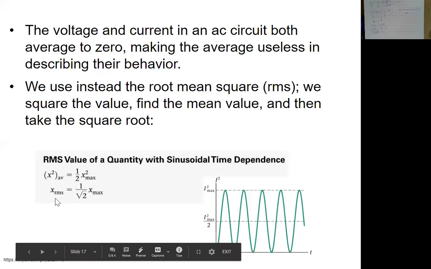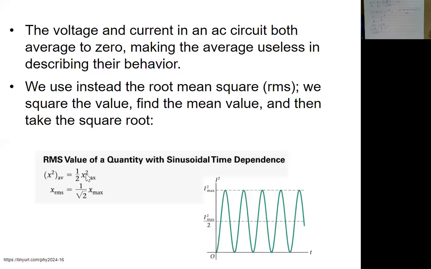That gives you the root mean square quantity. So basically, it's square root of 1/2 x squared maximum. So then the root mean square will be 1 over square root 2 of the maximum value. Which is about, let me see, maybe 70% of this.